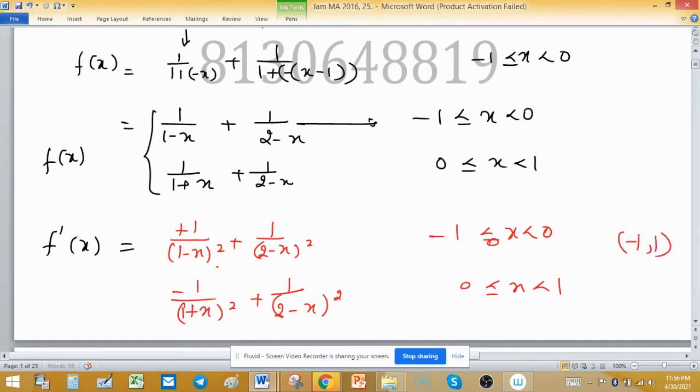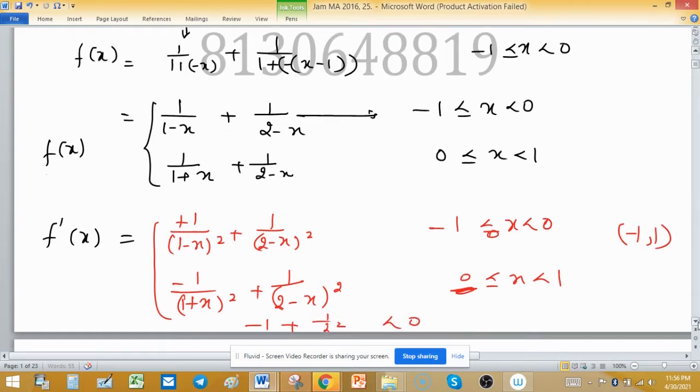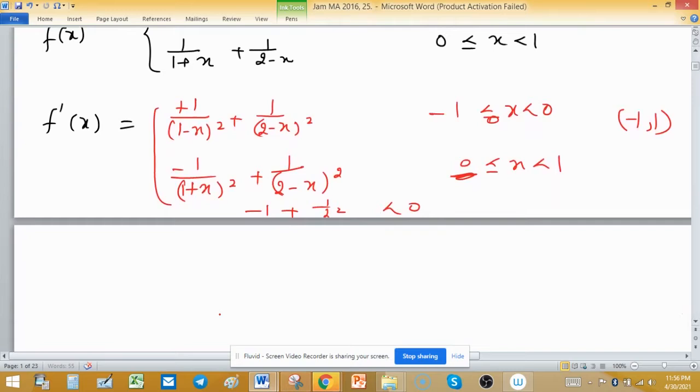At 0, this value is minus 1 plus 1 upon 2 square, which means negative. So at 0, f' is less than 0.